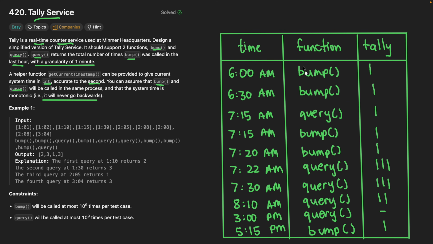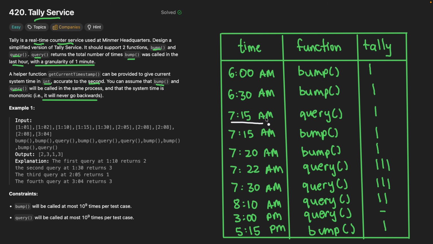To kick things off, we have a function call at 6 in the morning. Hopefully not because of on-call, for a function call of bump, so we tally once. Secondly, we have another bump at 6:30 a.m., so we'll tally yet again. Finally, something interesting, we query at 7:15.